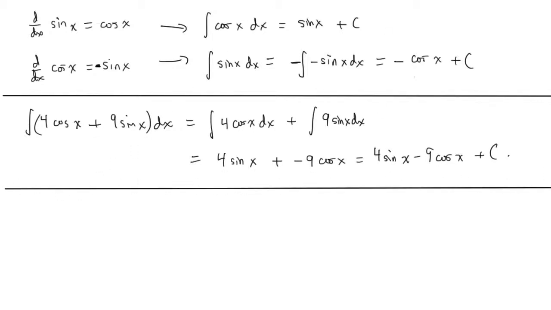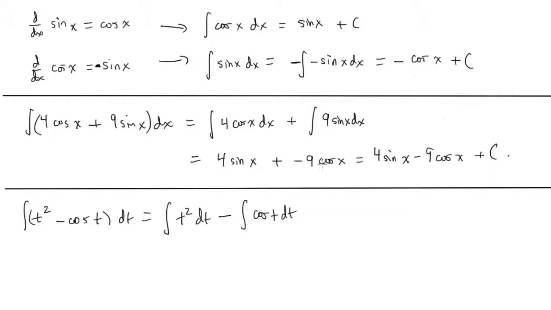Okay. Now, another thing that of course can happen is that functions that we've dealt with before could also get involved. So let's say, for example, we had something like t squared minus cos t. Again, I can split this one as the integral of t squared dt plus, or actually minus, the integral of cos t dt.